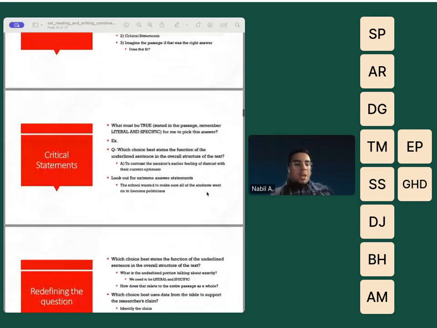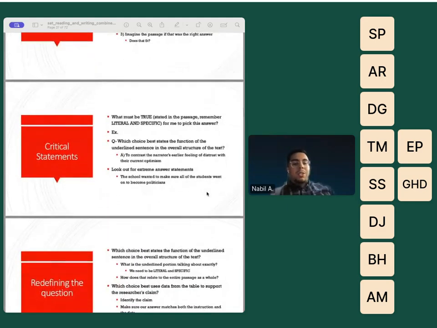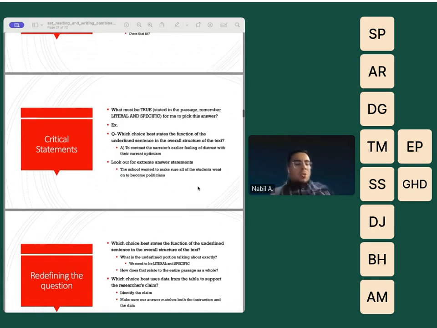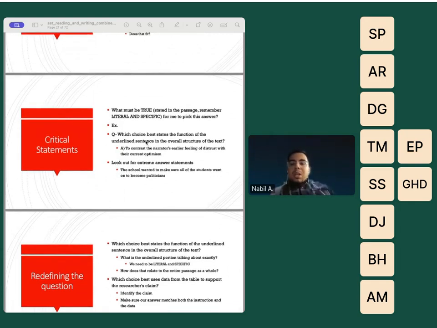Now, some of you may be wondering, what exactly are critical statements? Here is what they are. The answer choice must be true, and stated literally and specifically. Let's go over a quick example. Let's say we have a function question of an underlined sentence, and we have this answer choice.